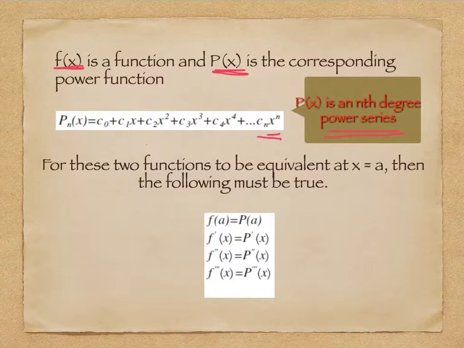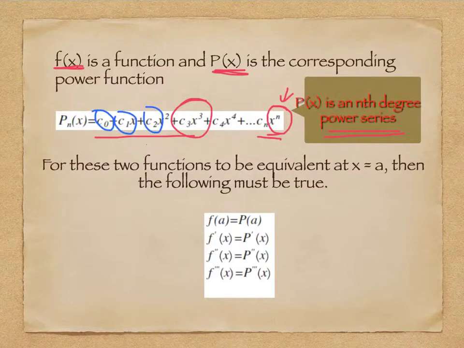Now it's nth degree because our last term is to the nth power. So a third degree power series would stop at c sub 3 x cubed. It'd be all these terms up to c sub 3 x cubed. And you need to realize that your c's are constants. And really, that's going to be our job, is trying to figure out what those values of c are.